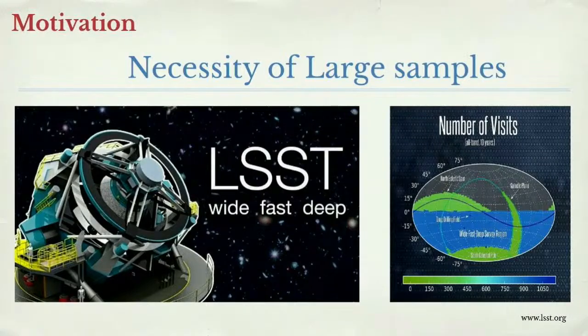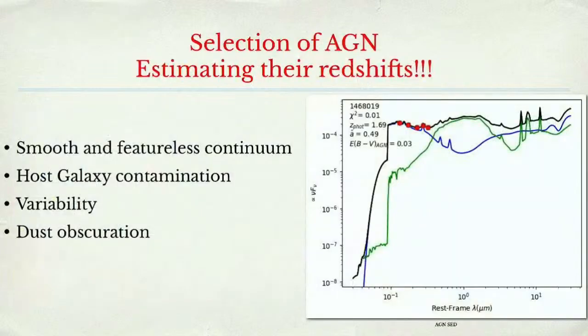It's going to be a wide, fast, deep survey with its exceptional cadence and also its complementary coverage with Euclid, so we are going to have really large samples of AGN. But the selection, and particularly the estimation of photometric redshift from photometric data, is pretty challenging, primarily because the SEDs of AGN are kind of featureless, they lack the features that we see in galaxies. At lower redshift, the light from the AGN is contaminated by galaxy contribution, or the sources are indeed varying.